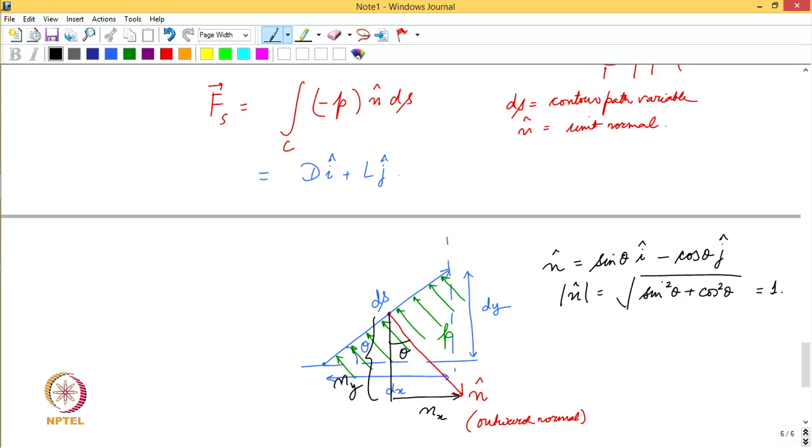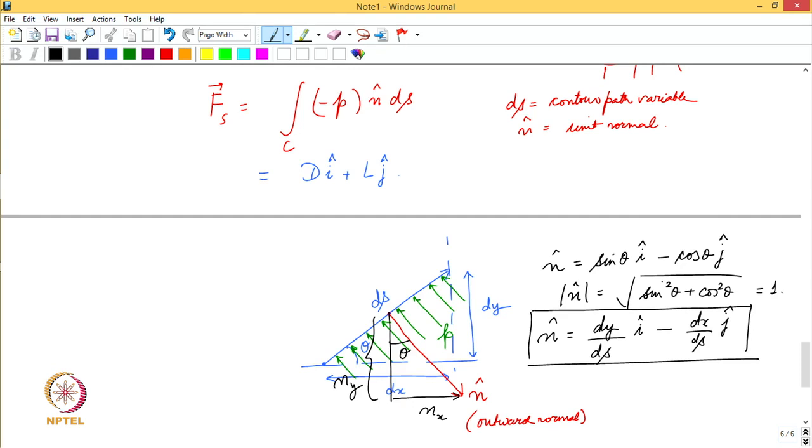Now, I can also exploit the fact that the projections of this element ds along x and y are dx and dy. So, sin theta is basically dy by ds, right. So, this is dy by ds I cap minus cosine theta, which is dx by ds, j cap. So, our normal vector to this element is given by this form. So, let us use this and substitute it here. Okay. Let us see what we get.